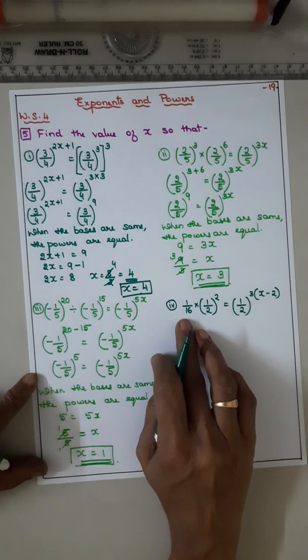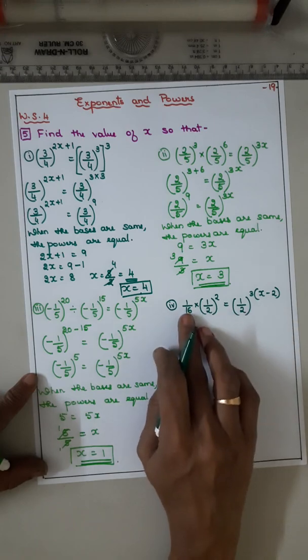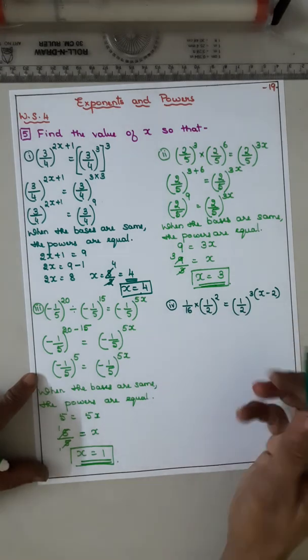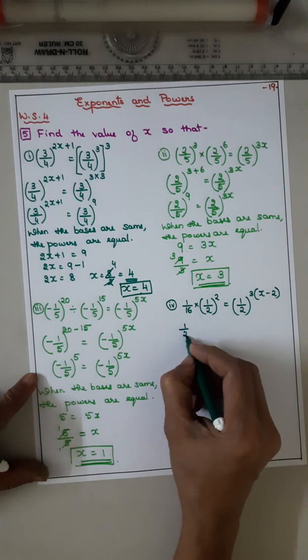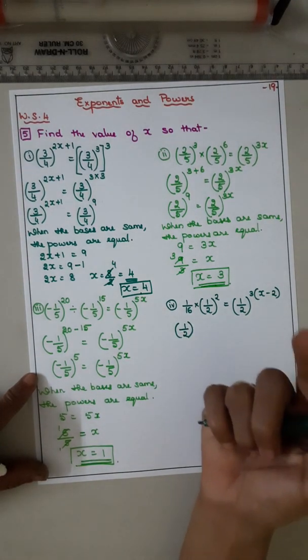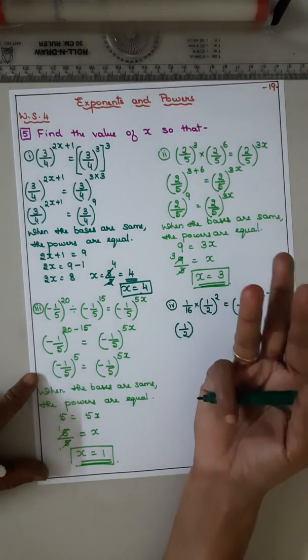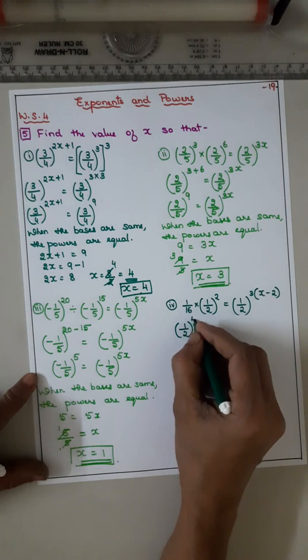Now this one, the base is not 1 by 2 here. Here 1 by 2, 1 by 2. But 1 by 16 can be written as (1/2) raised to 4: 2 twos are 4, 4 twos are 8, 8 twos are 16, means 2 to the power 4.